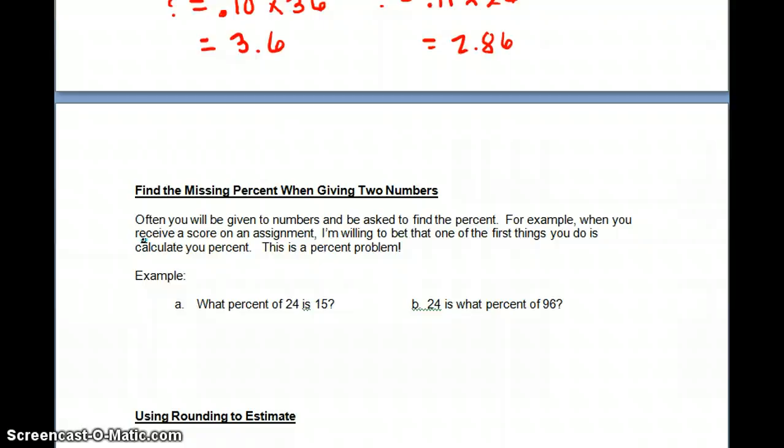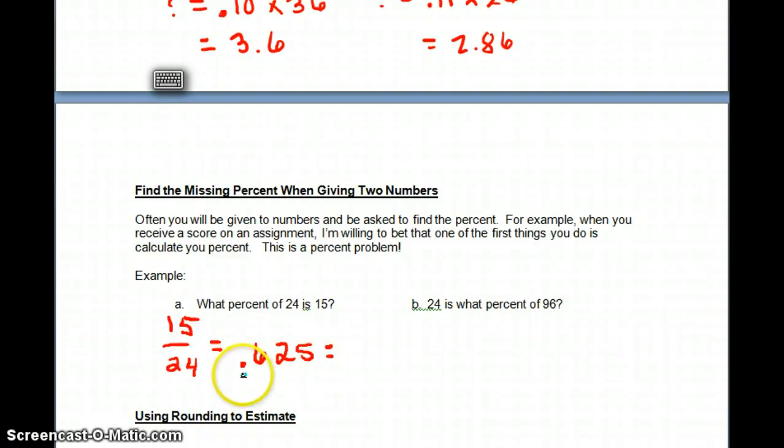So when it says what percent of 24 is 15, that's like saying, hey, I got a 15 out of 24. What's my grade? So you're going to set up a division problem of 15 out of 24. We're going to divide 15 by 24, and we get 0.625.